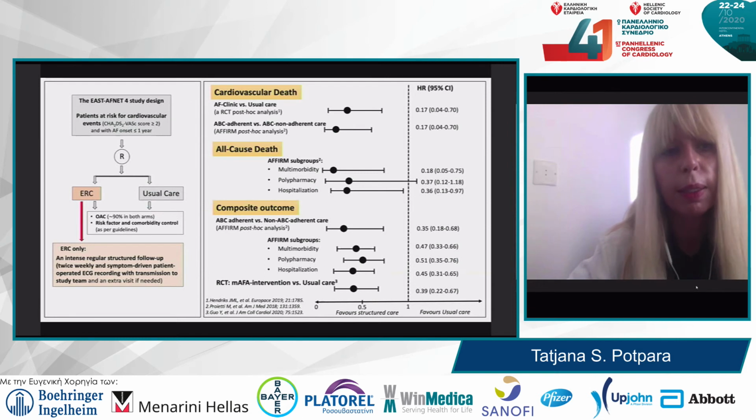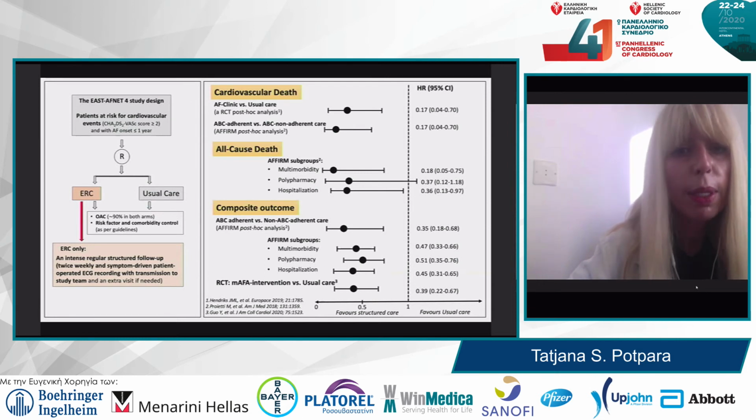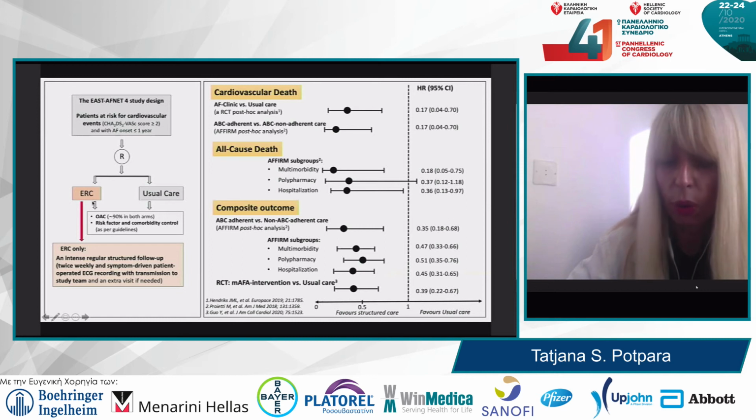However, if you look at the design of the EAST-AFNET 4 study, you will see that there is a significant bias, because in the intervention arm, that is early rhythm control, and only in that arm and not in usual care, there was an intense, regular, structured follow-up.